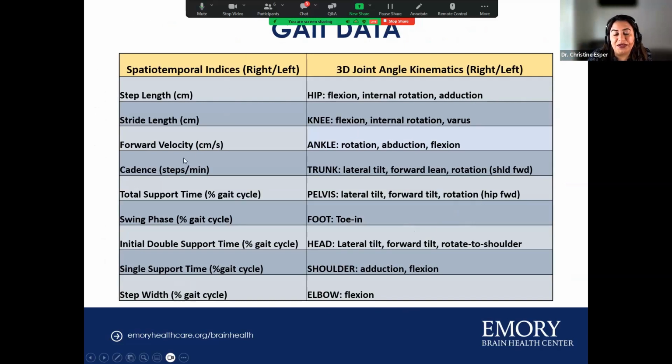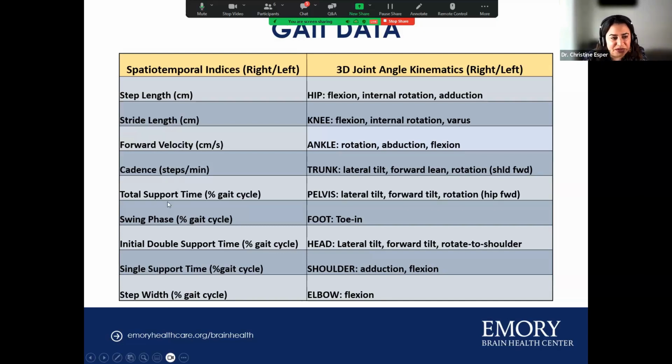We can get all of this type of information: how fast a patient is walking, how long their steps are versus their stride, which is the right and left leg moving, how many steps per minute, how wide their feet are when they walk, and also how their leg swings. So this is a great deal of data. I know a number of centers do have gait maps. It does provide some of this data, but I don't think it provides all of it.